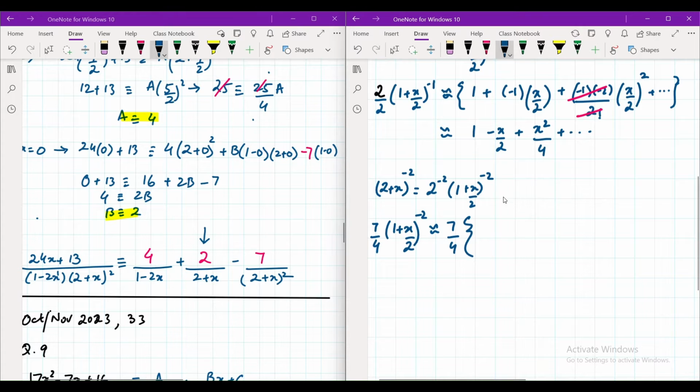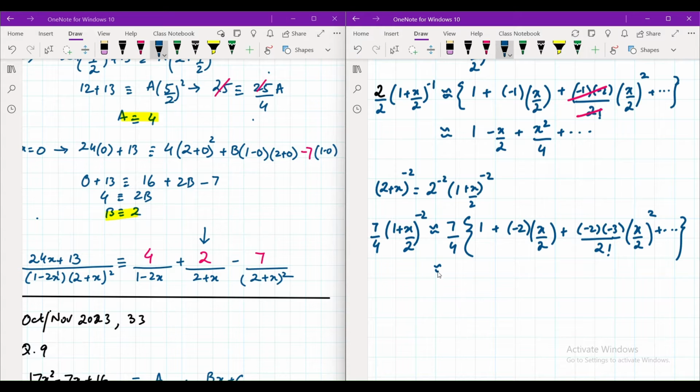We will have 1 plus (-2), because the power is now -2, times x over 2, plus (-2)(-3) over 2 factorial times (x over 2) squared, and then we simplify this a bit better. So 2 and 2 cancelled, and this 2 factorial cancels out with the 2 over here.